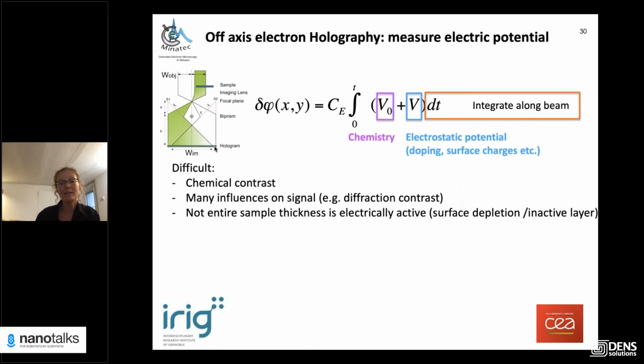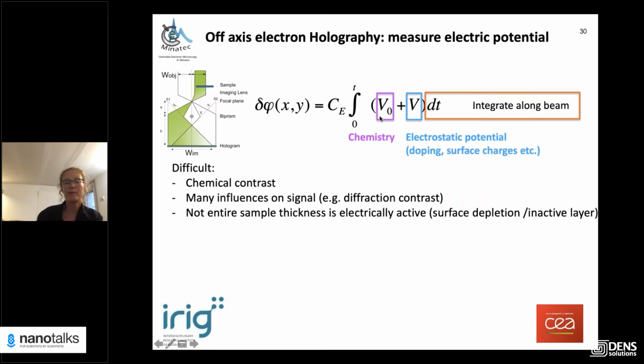It can be very interesting to have these phase images because the change in phase is directly related to magnetic properties, but I will not discuss this, but also, in the absence of magnetic fields, to the projected electrostatic potential. So you integrate along the sample thickness, and there you find this potential term, and you only need to multiply with this constant.